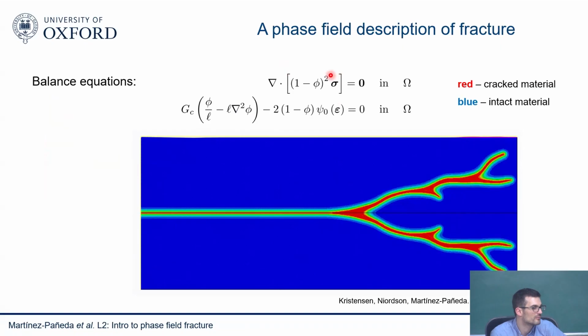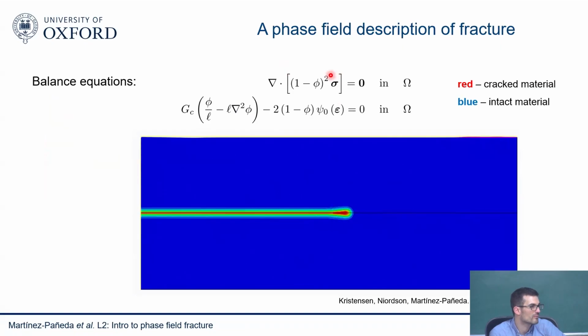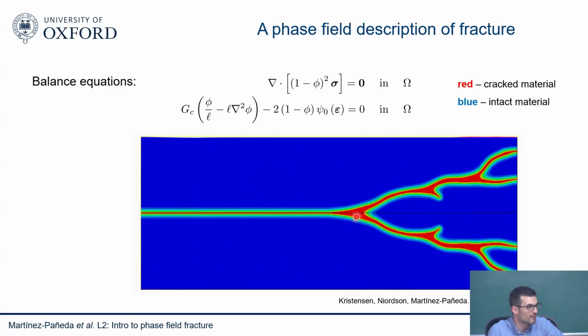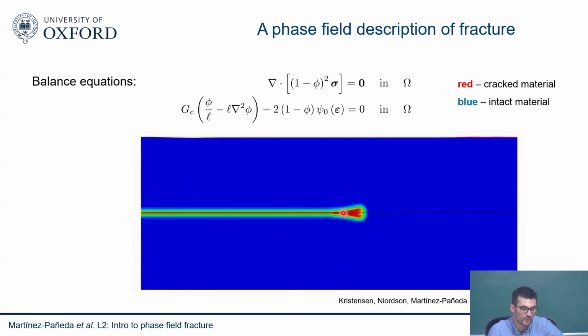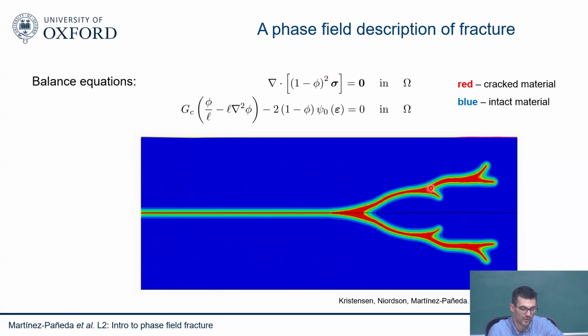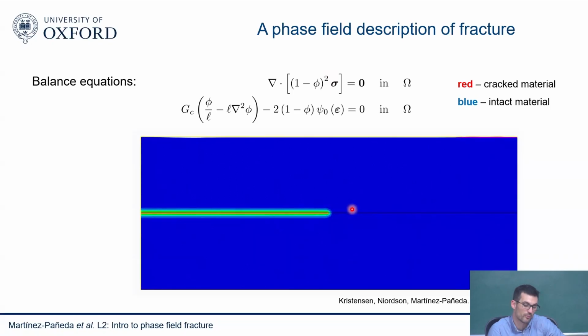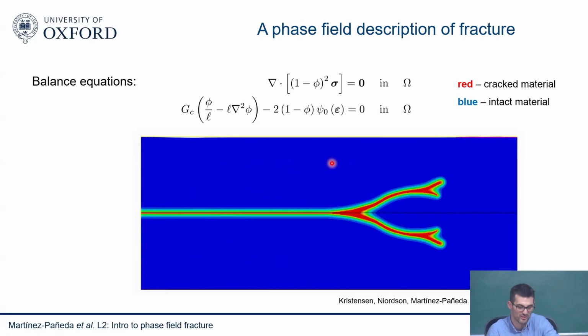When you say completely cracked, how is the crack? Is the complete width propagated? This is solved locally, at every point. For example, red color means phi equal to 1, blue color means phi equal to 0. So these points are completely cracked, which means that they don't carry any stress, but the structure will still carry some stress until you get a complete failure.